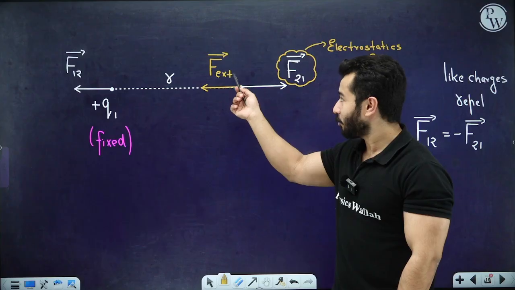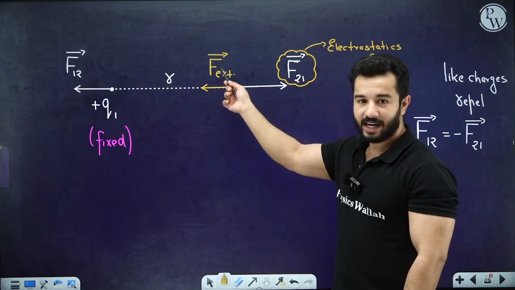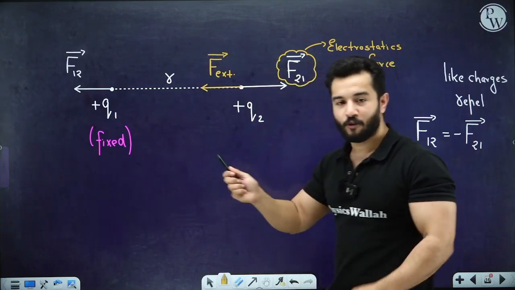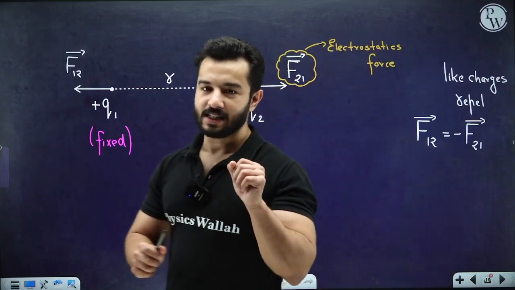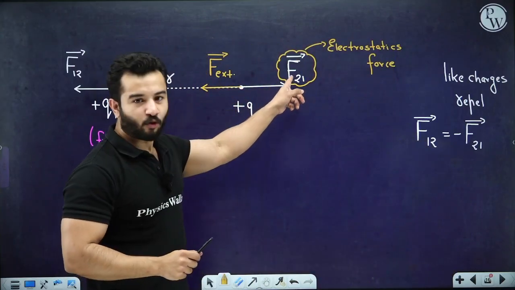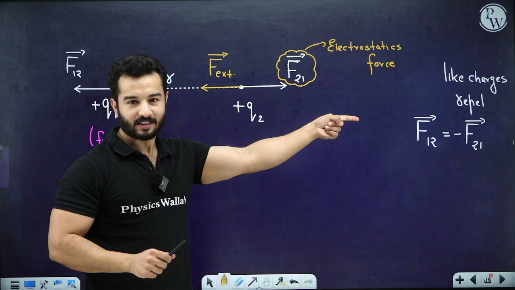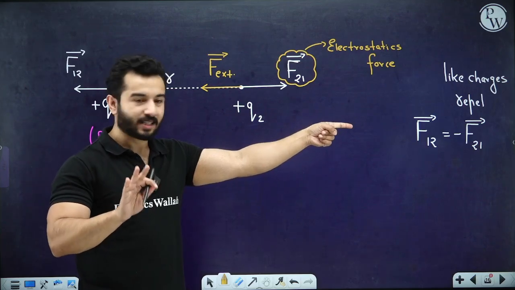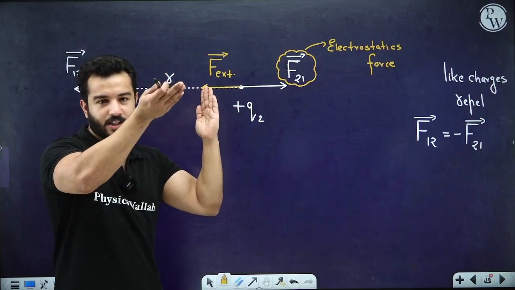When the external force is applied on this Q2, it does some work on this system, which increases the potential energy of this system. Or what you can also see is the conservative force is in the direction where the potential decreases. Is that clear? Please understand, if I am decreasing the separation, the potential energy of the system is increasing, right?